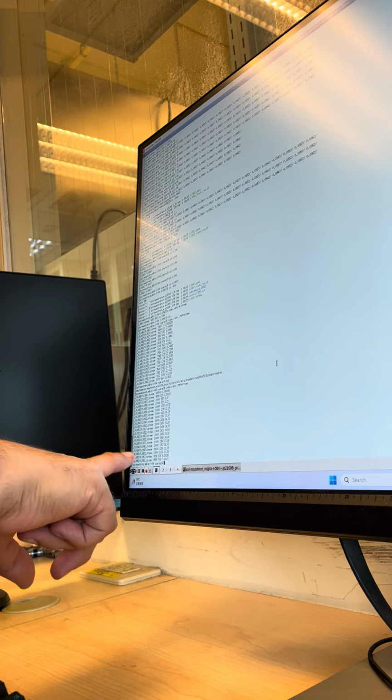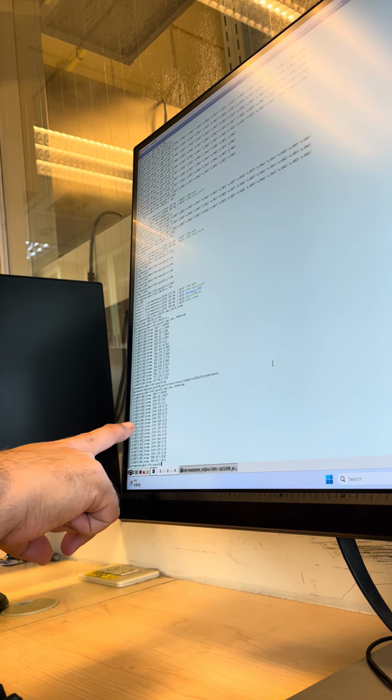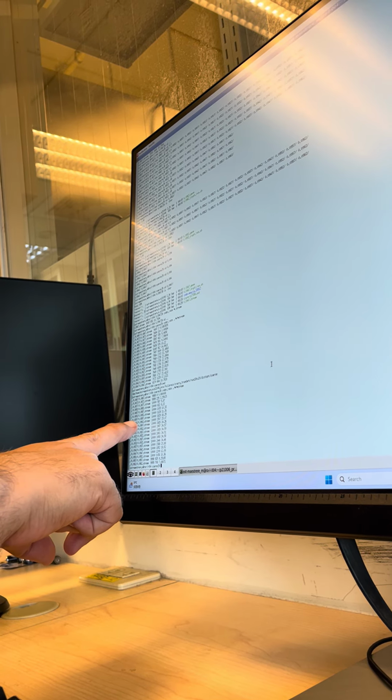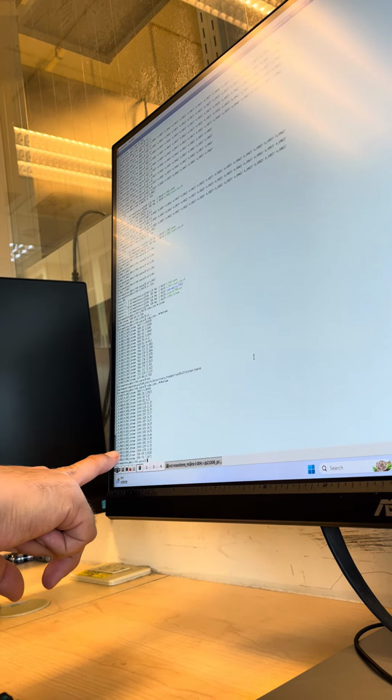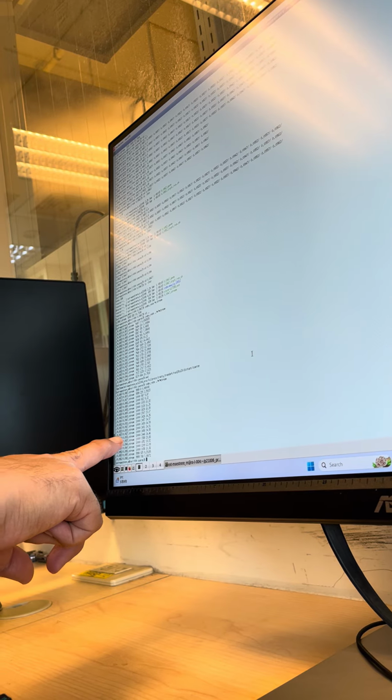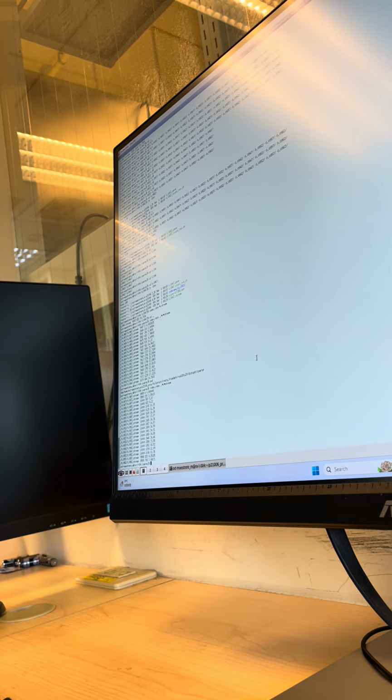So we can see it between 907 and 932. It's basically the same.